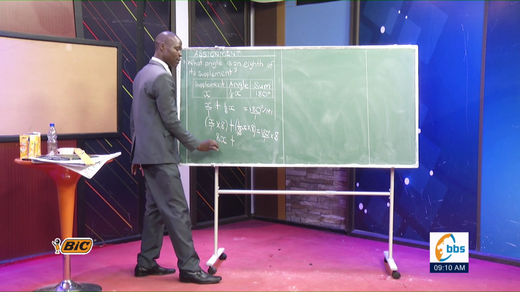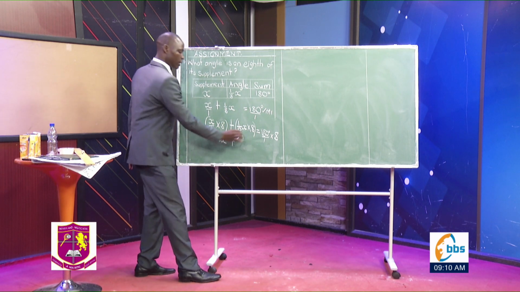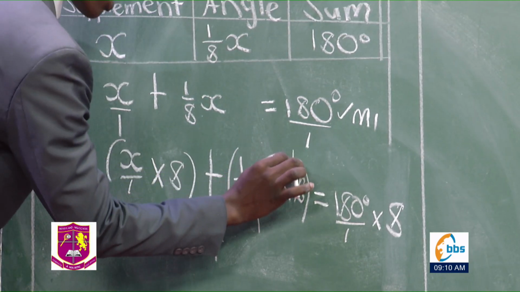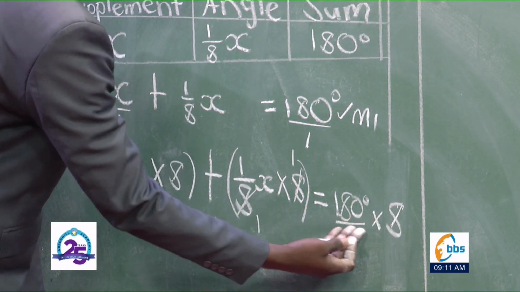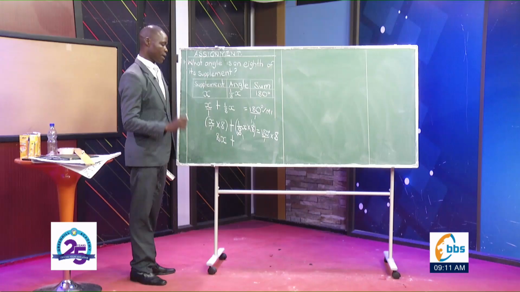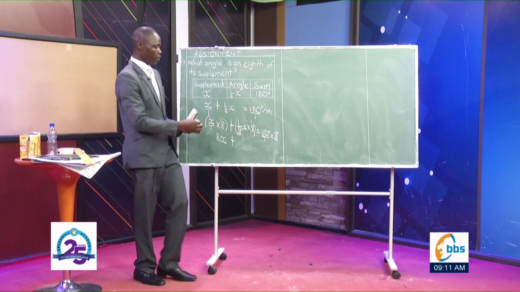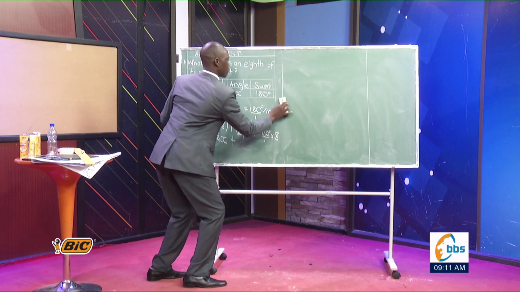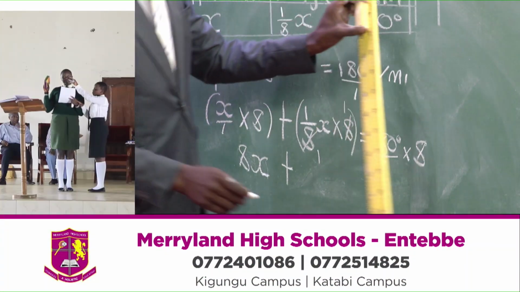Divide this 8 by 8, you get 1. 8 divided also by 8, you also get 1. And here we have to multiply. So you should always have your side work. I'll do it from here.